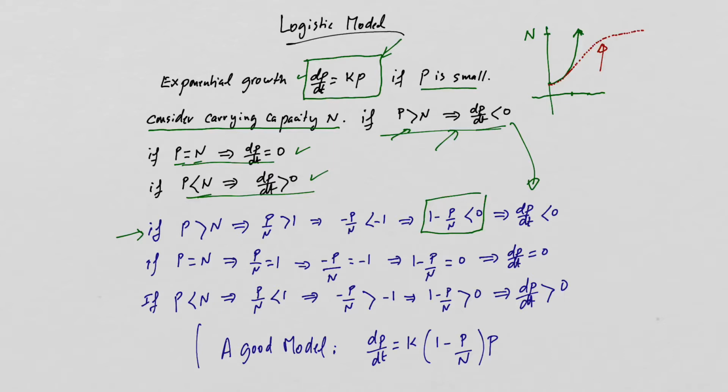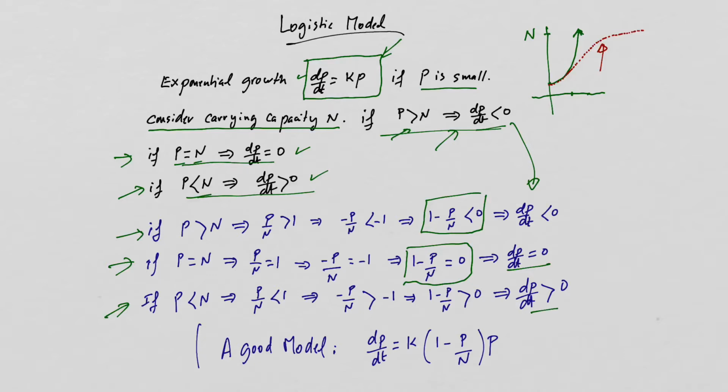I could do the same thing for the second piece here. So if P equals N, then P over N equals 1. And if you multiply both sides by -1 and add 1, you get this quantity, and therefore dP/dt equals 0. And the last one, if P is less than N, then P over N is less than 1, and you do the same thing and you get this.